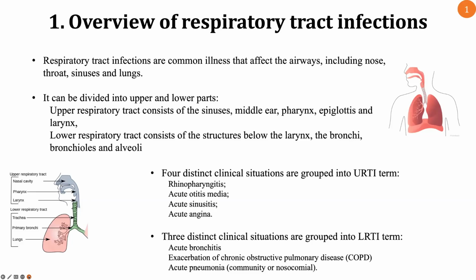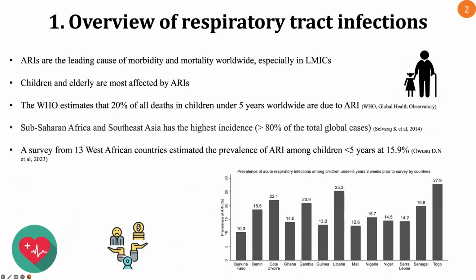We have identified four major clinical situations in upper respiratory tract infection: rhinopharyngitis, acute otitis, acute sinusitis, and acute angina. For lower respiratory tract infection, we usually find acute bronchitis, exacerbation of chronic obstructive pulmonary disease, and finally, pneumonia.